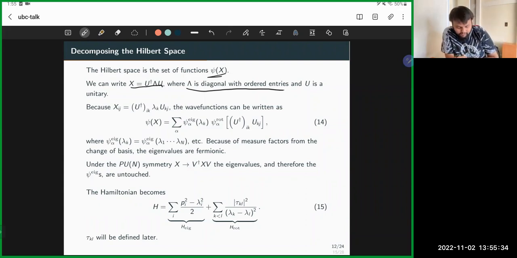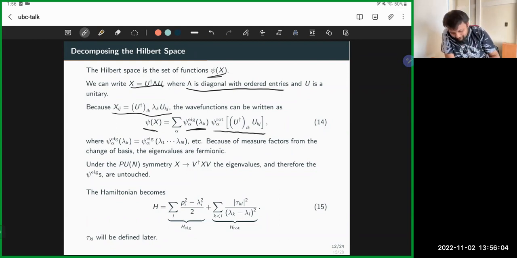This is not necessary; you can keep around some factors, and anyway, it's a whole thing. So X_ij looks like U dagger_ik lambda_k U_kj. Because of the decomposition, you can write any function of X as a sum of functions of the eigenvalues and functions of the unitary, but not arbitrary functions of the unitary.